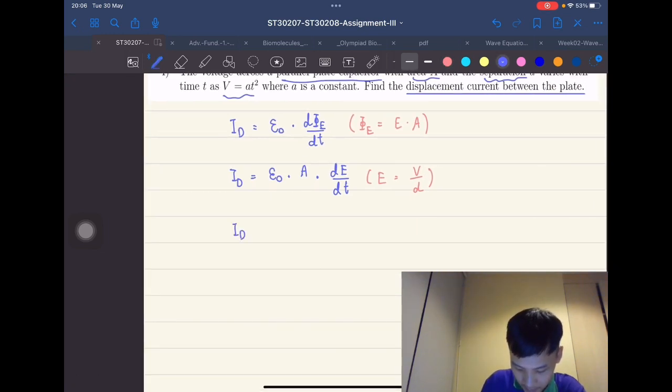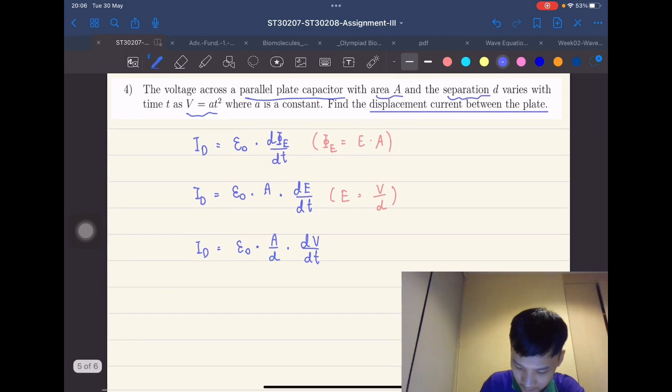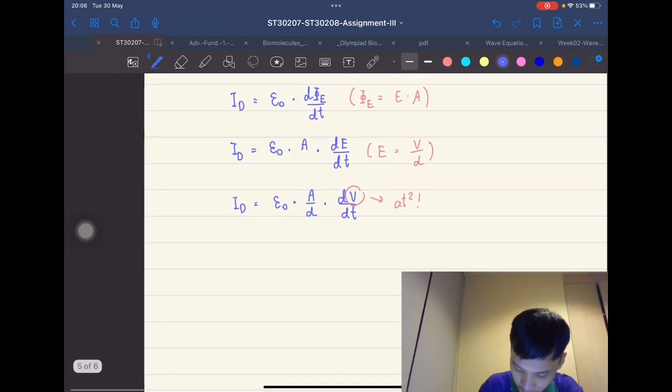Substitute that and get epsilon 0, pull the separation out, and differentiate the voltage over time. From the question, we have that V is A T squared, so substitute that into the equation.